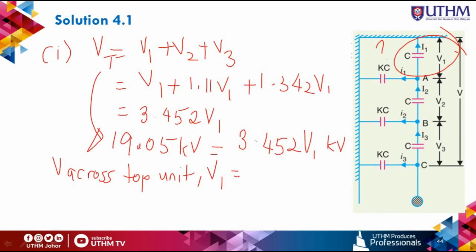From this equation, you get 19.05 kV divided by 3.452.